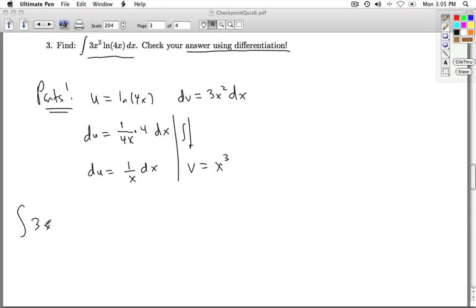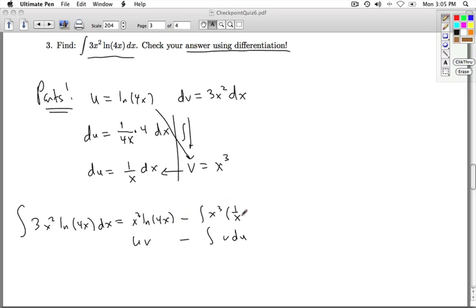So the integral 3x squared natural log 4x dx is uv minus the integral of v du. U times v is x cubed natural log 4x minus the integral v du, x cubed times 1 over x dx.